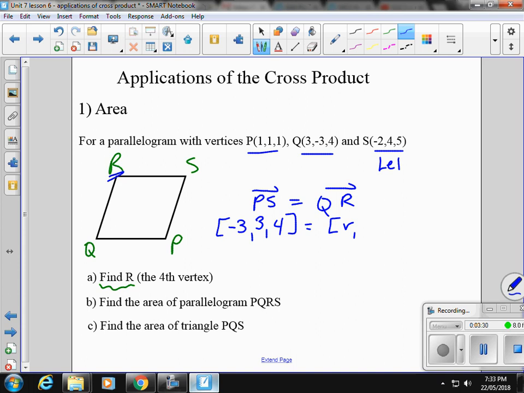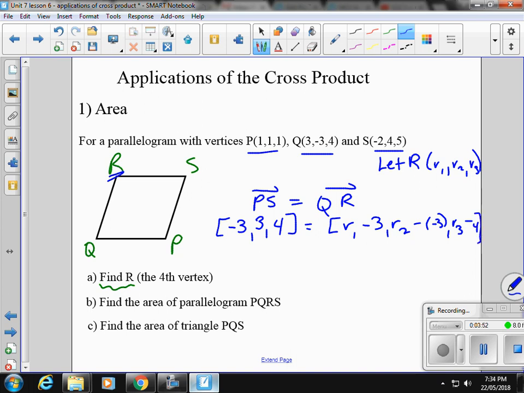Maybe I should just say let R be R1, R2, R3, just to define. So I would have R1 subtract 3, R2 subtract -3, and R3 subtract 4.